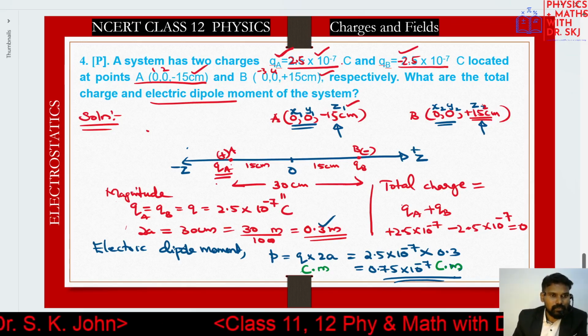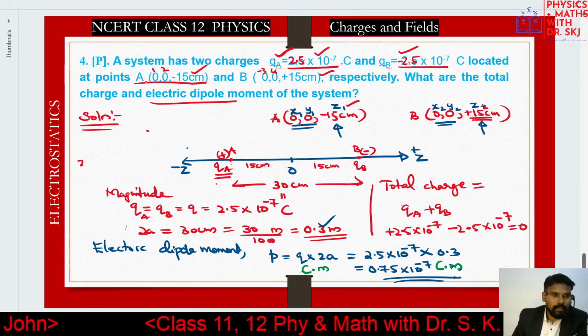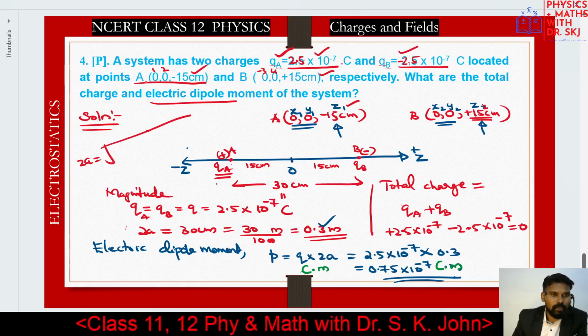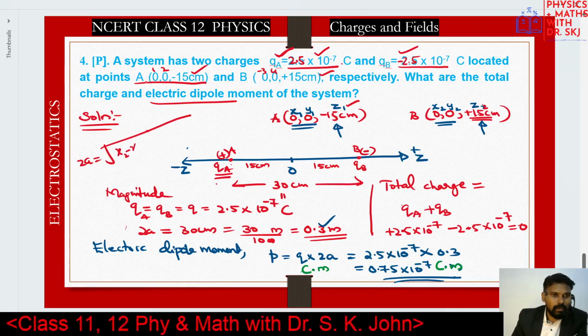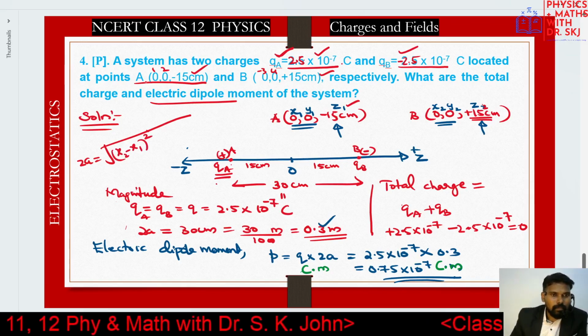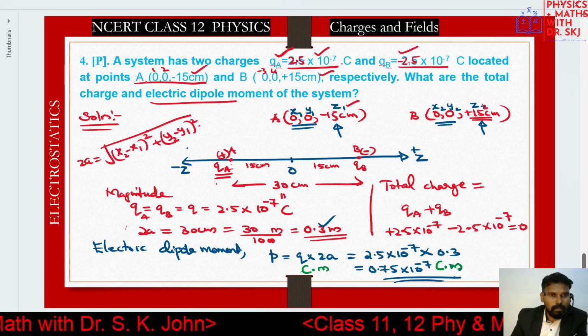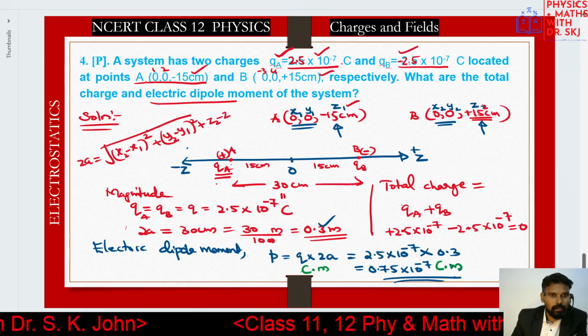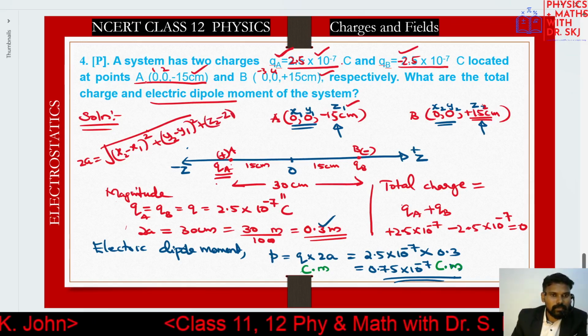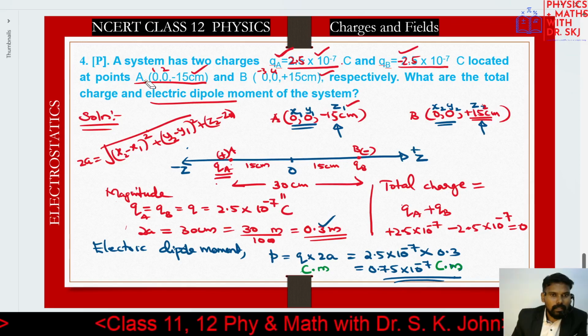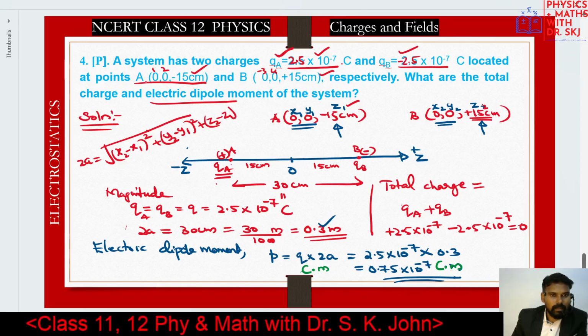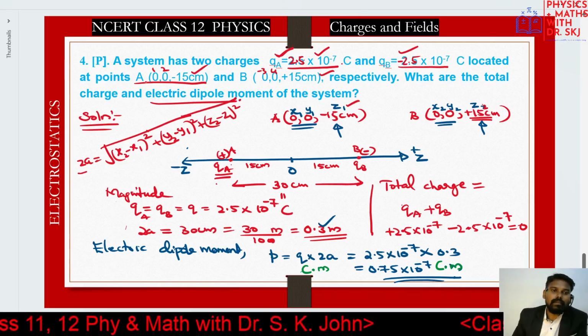I think you know the distance formula. To find the 2a, you can use root of x2 minus x1 whole square plus y2 minus y1 whole square plus z2 minus z1 whole square. Using the distance formula, you will get the length of the dipole.